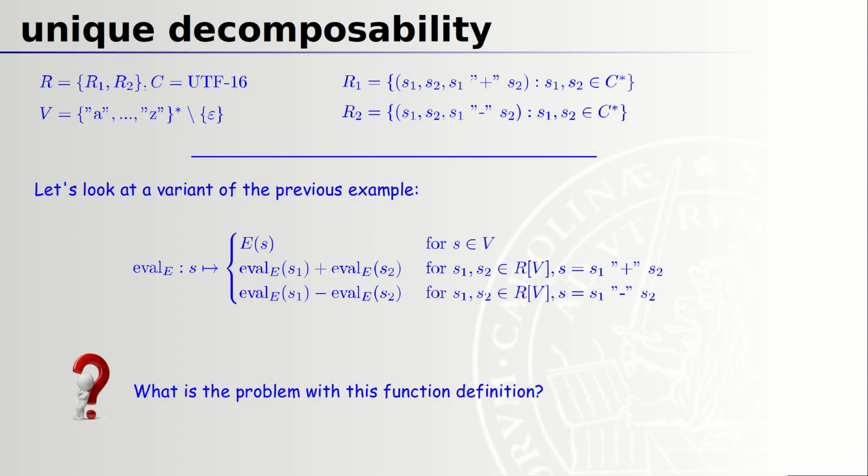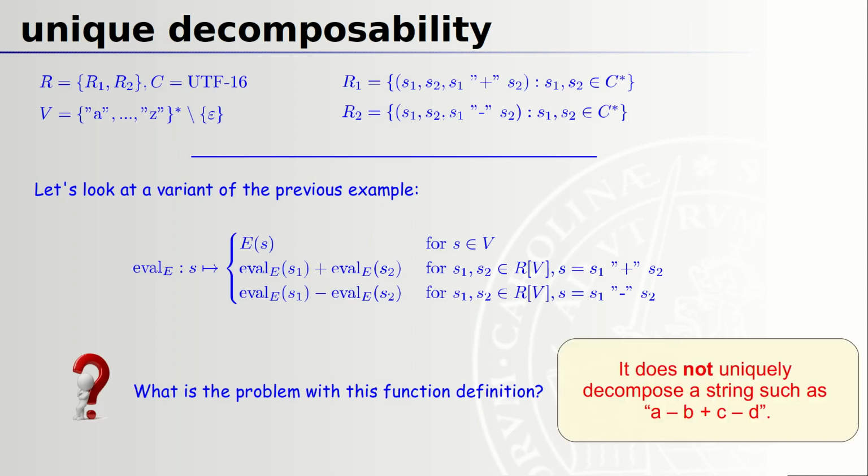What might be the problem with this function definition? It does not uniquely decompose every string it might be applied to. For example, if applied to A minus B plus C minus D, it could decompose the string in 3 different ways on any of its 3 operators.